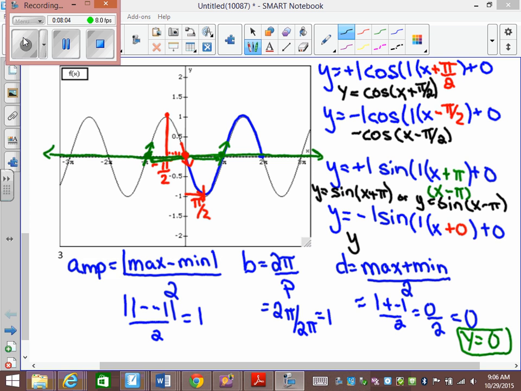And this would be y equals negative sine x, because if there's nothing attached to the x, there's no translation. Does that make sense? You find your A first, you find your B, you find your D, and then you use your rules to find the C's depending on which one we're looking for.